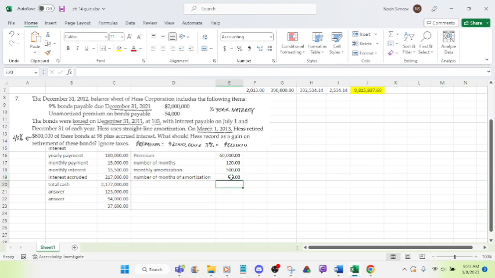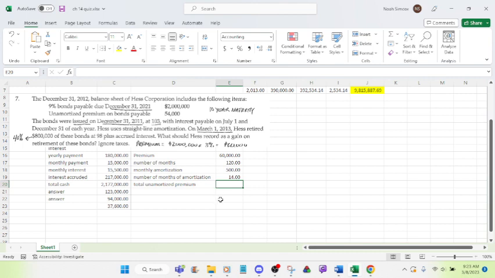And then total unamortized premium, and then we'll multiply it by 40% afterwards.